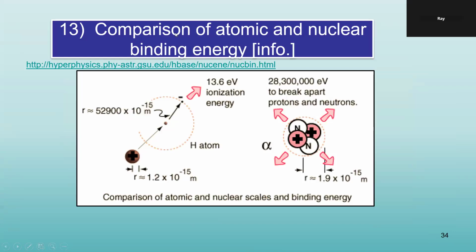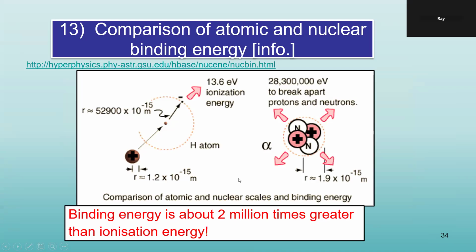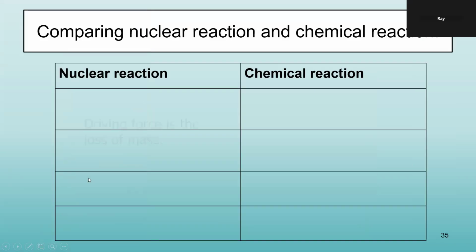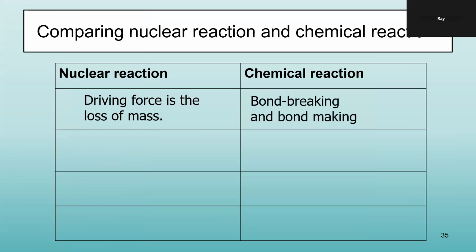Let's compare this, just for your information only. No need to study it if you don't want to. Ionization energy is about 13.6 electron volts. Binding energy, when the nucleons come together to form the nucleus, is in mega electron volts. Binding energy is about 2000 times greater than ionization energy. In a nuclear reaction, the driving force is a loss of mass, whereas in a chemical reaction it is bond making and bond breaking.